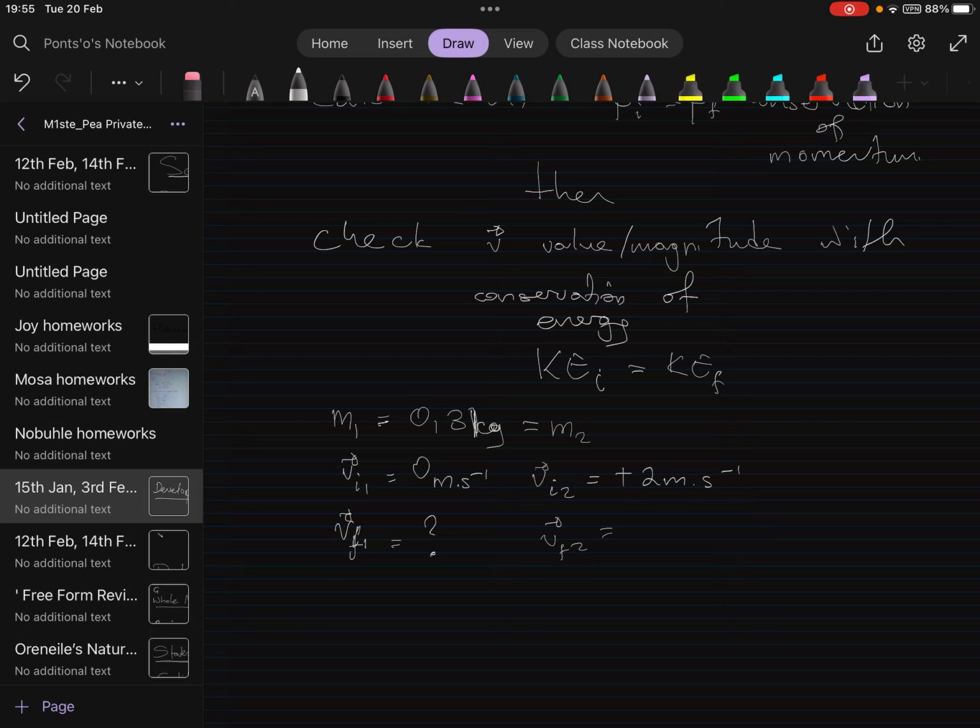No. The mass of each ball is 0.3 kilograms, yes? After the balls collide elastically, ball 2, which was moving toward the first ball, stops and ball 1 moves off. So what's the final velocity of ball 1?